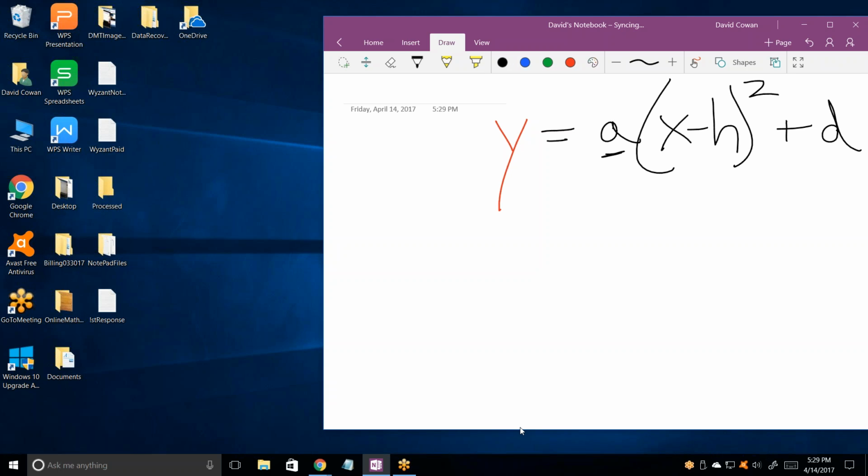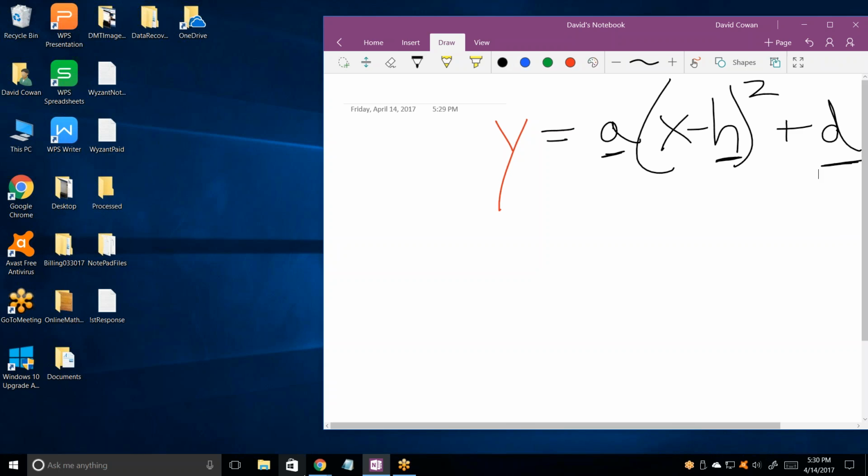If it's between 0 and 1, it's a vertical shrink factor. H is a horizontal shift. It's inside the function, and everything inside the function is horizontal. If I had x minus 3, it would be a shift to the right of 3 units. D is a vertical shift. It's outside the function, therefore it's vertical.